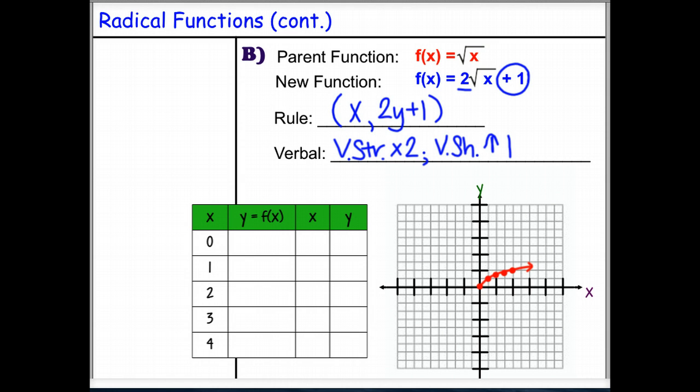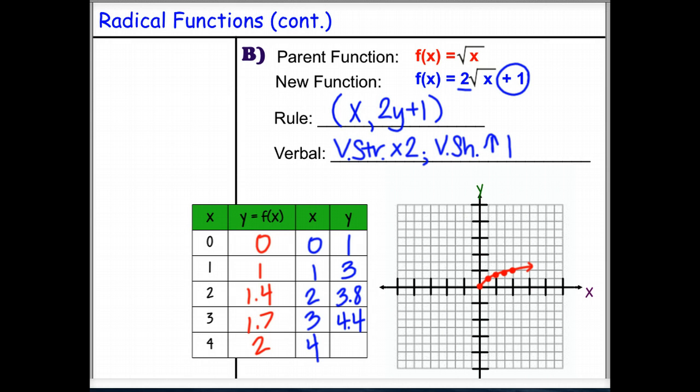So when we write our old ones, 0, 1, 1.4, 1.7, and 2, the x's stay the same: 0, 1, 2, 3, 4. Our y's, we multiply by 2 and then up 1. 0 times 2 is 0, plus 1 is 1. 1 times 2 is 2, plus 1 is 3. 1.4 times 2 is 2.8, plus 1 is 3.8. 1.7 times 2 is 3.4, plus 1 is 4.4.